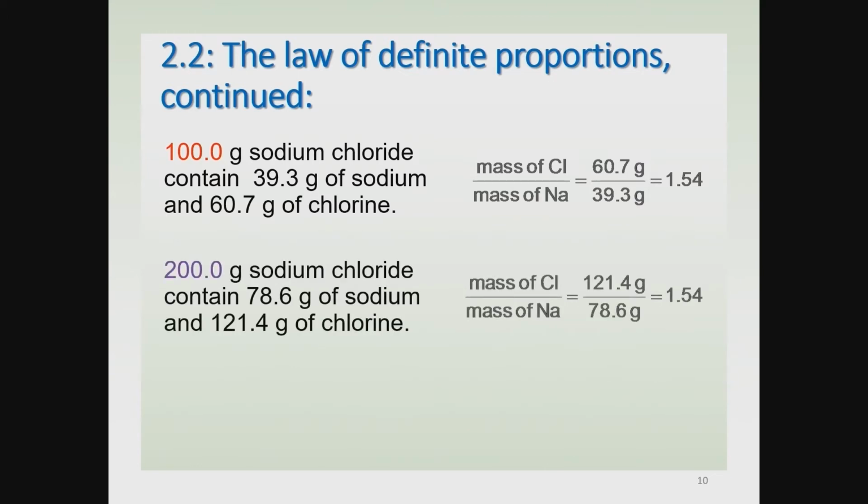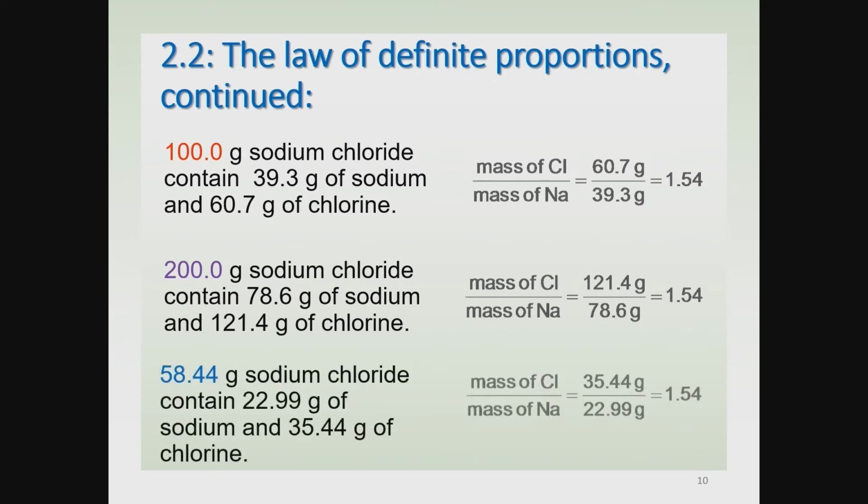Now, if you had double the sodium chloride, you would double the masses of sodium and chlorine you would have, but because you're dividing the two numbers together, you would have the same proportion of chlorine to sodium at 1.54. And if you take any mass of sodium chloride, it could be for example, 58.44 grams, you would have proportionate amounts of sodium and chlorine such that when you divide those two numbers, you get 1.54.